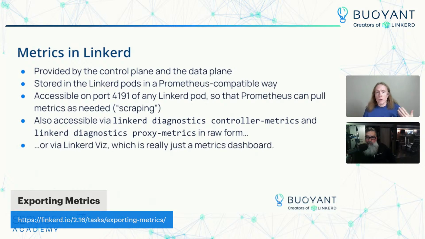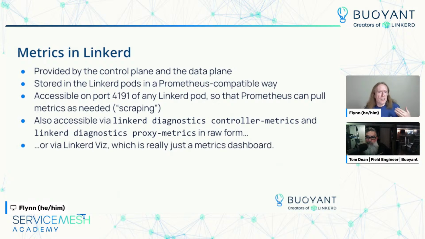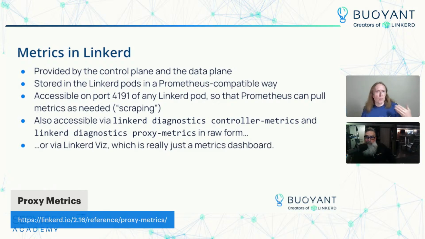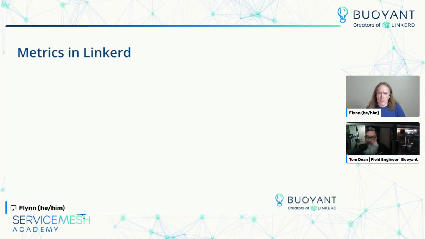Viz is a high-level client of Prometheus. It asks Prometheus a bunch of things and shows you the results. Grafana is even higher level. Linkerd diagnostics is very low level.